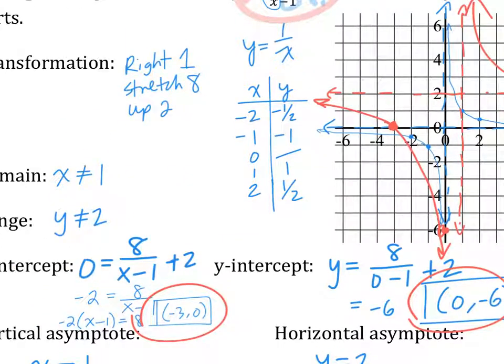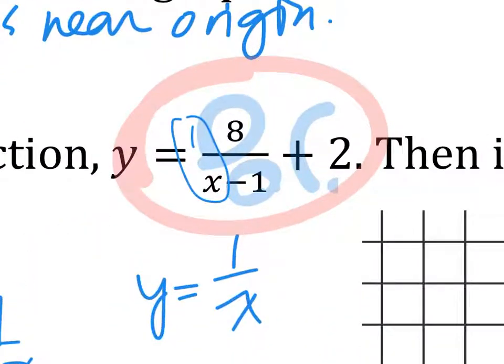Okay, next question. How are you supposed to know all that from this equation? Right, you don't want to graph every single time. Okay, well, let's look at this equation again. What is the domain? Domain is not equal to 1 because of the denominator, right? What is the range?